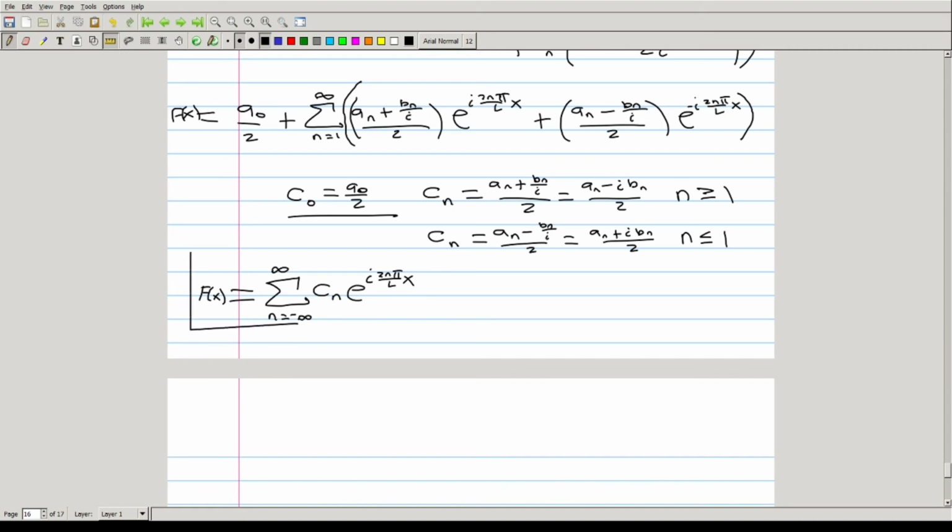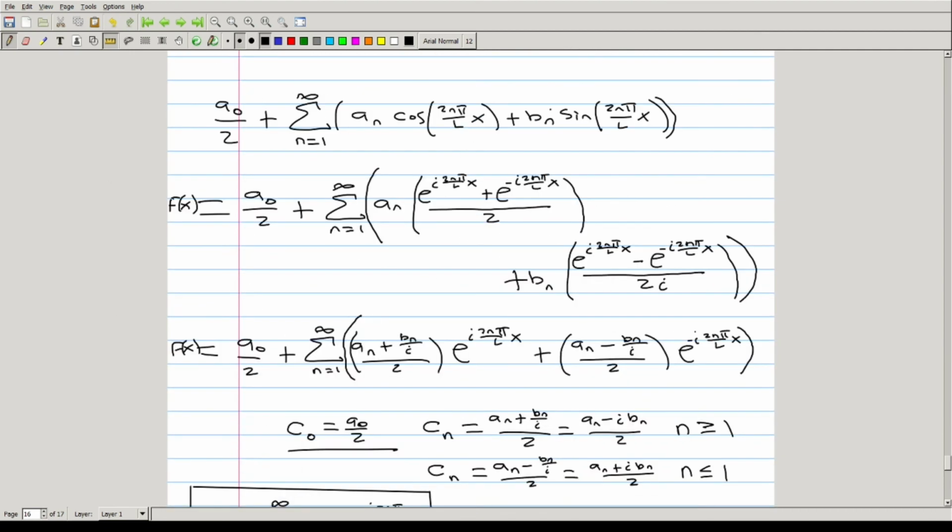Which is a very remarkable formula and is fundamental in understanding where the formula for the Fourier transform comes in when we end up defining that. But this is a much nicer formula than this long expression for the Fourier series f of x. So this is going to be very useful to us.